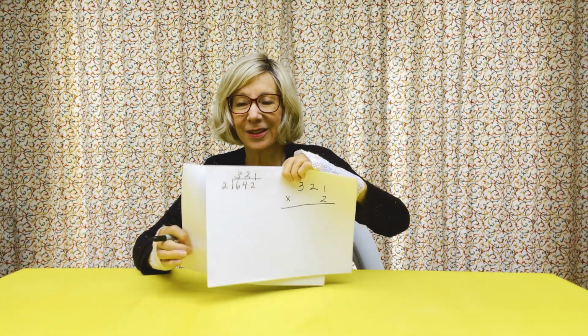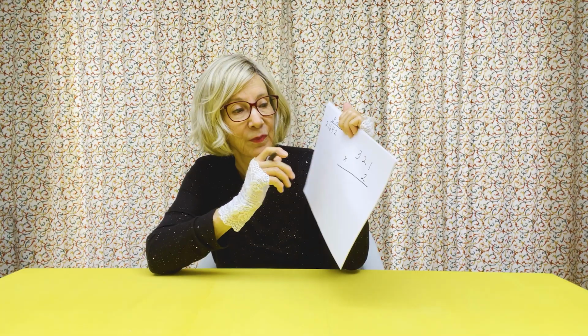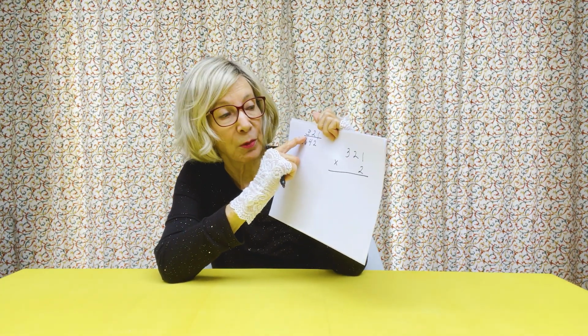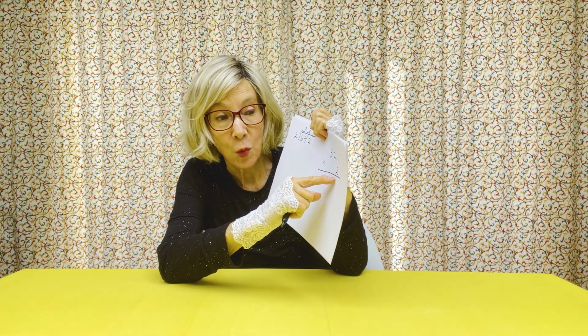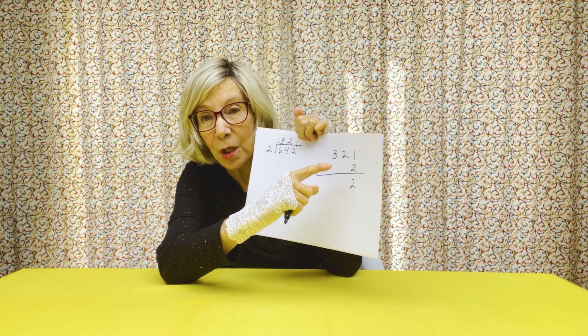And if you were looking over here, you could see that I'd already written the answer, 321, which is what I wrote up here, 321. And so I've taken 1 twice, 2 times is 2. And I've taken 2 times is 4.